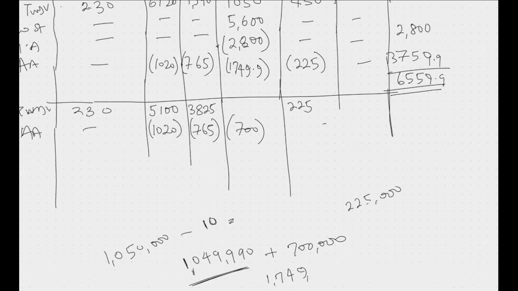It's not 10 minus 100. Do you understand what I'm doing? They don't put 10 in front of the asset. You multiply by 10. That is 100.